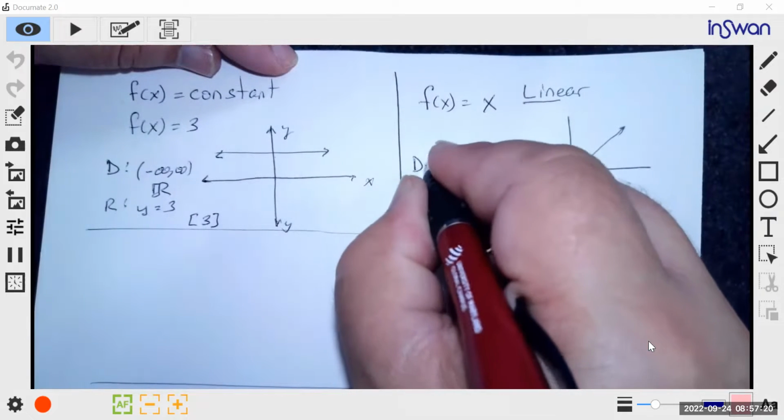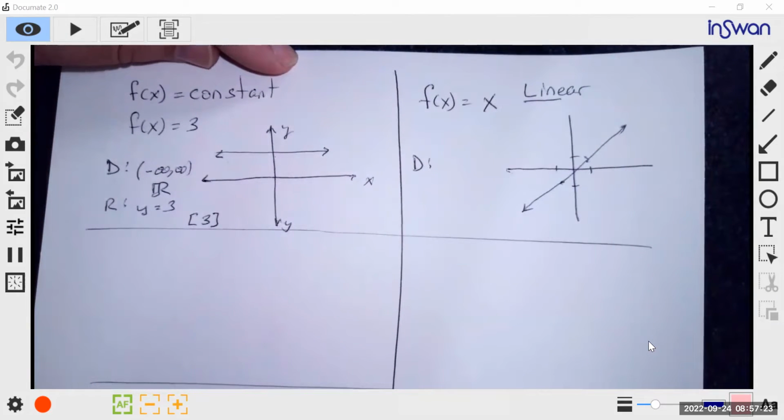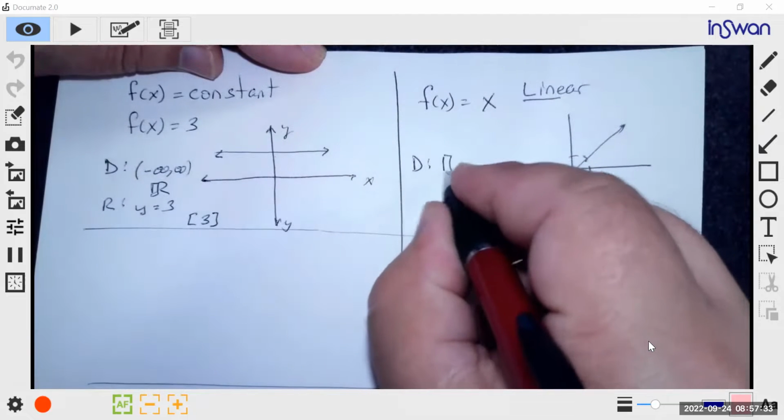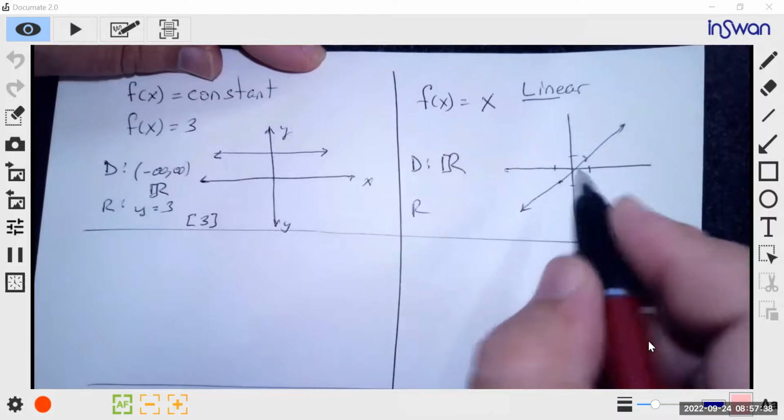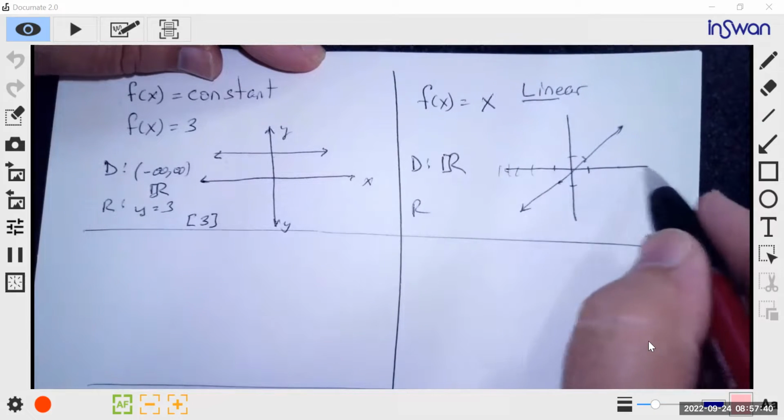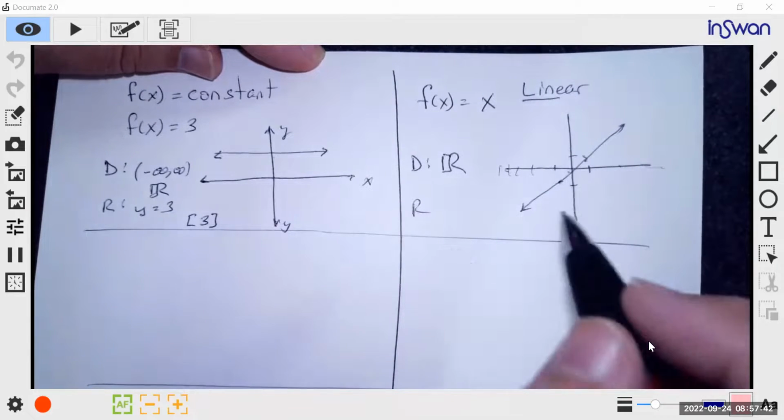The domain of this one is what? What are my possible x values? All real numbers, negative infinity. Yeah, because I can use any negative number or any positive number, and 0. How about the range?